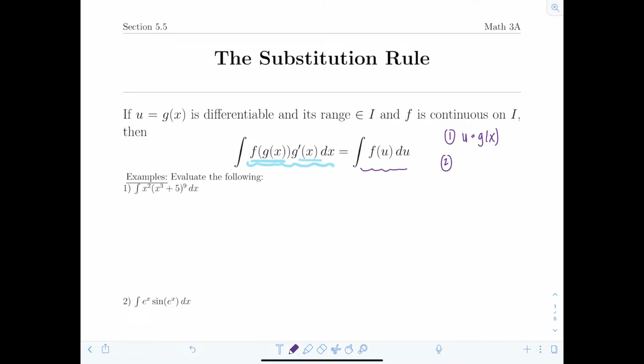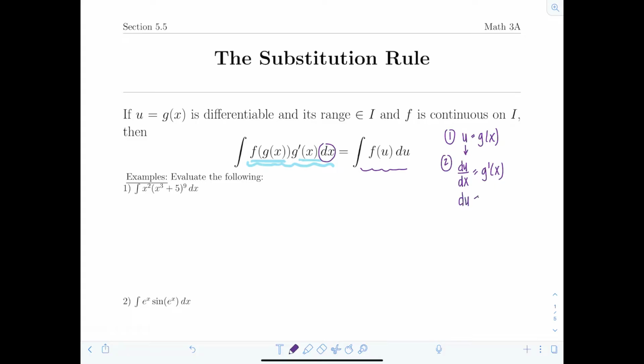And then from there, we have to change our integral completely from being in terms of x to being in terms of u. So that means I have to figure out how to express dx now in terms of u. And the way you do that is you take the derivative once you know what u is equal to. So that means du dx would equal g prime of x.